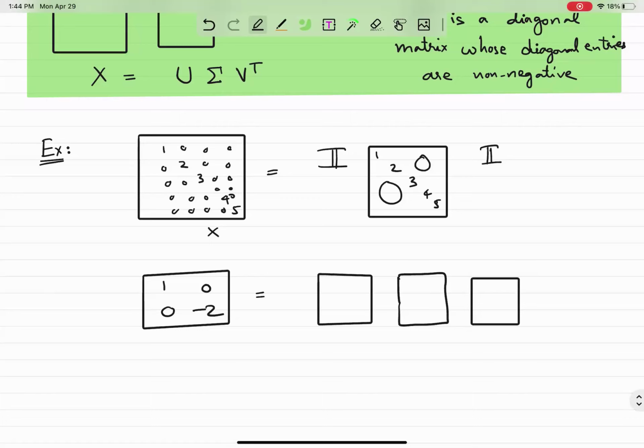That's the problem. I can sort of start out by saying, okay, I write it as identity, and then 1, 0, 0, -2. But this is not a valid decomposition, because the middle matrix has a negative entry. So how can I get rid of it? Well, one way is to push the negative sign over here.